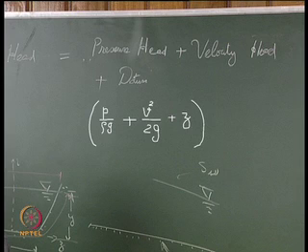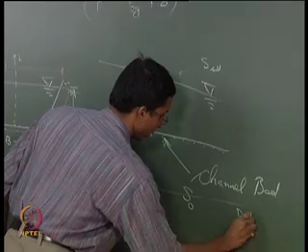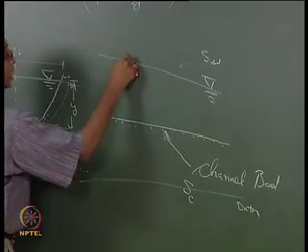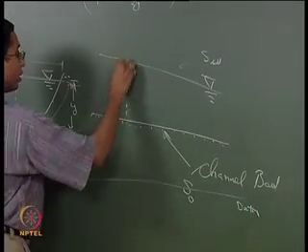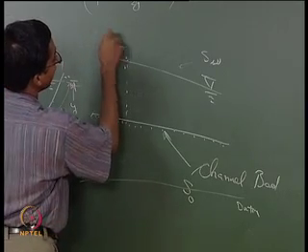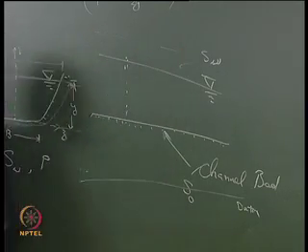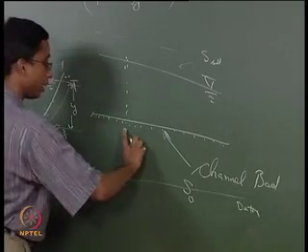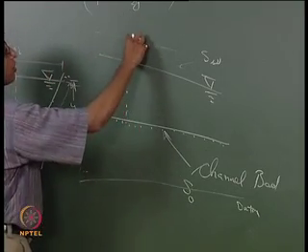So, we are suggesting the same thing here. If the channel is being referred to any datum line, then at any location, at any section, you can easily describe the energy gradient line or energy line, that is the datum head plus the pressure head plus the velocity head.